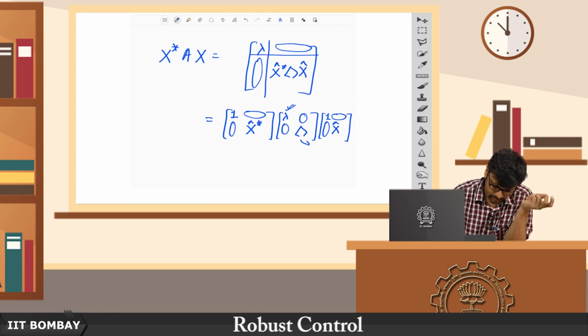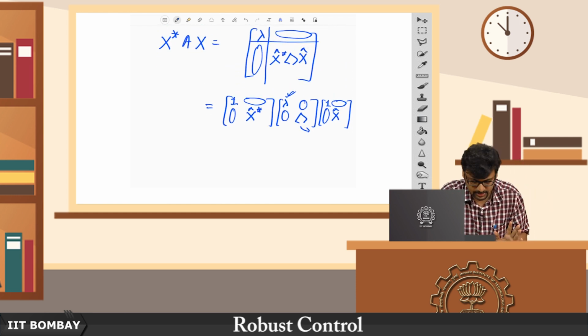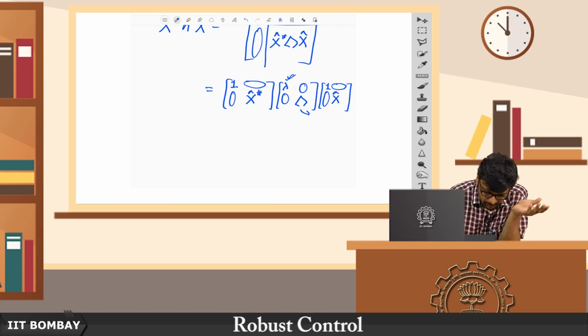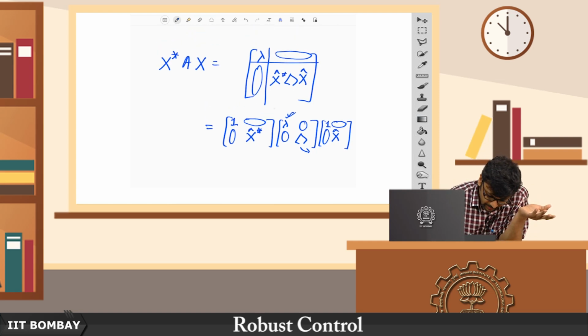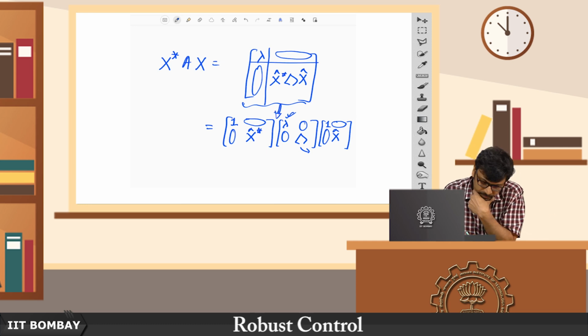Okay. We are convinced that this is true because you can just multiply. If you have any doubts about the fact that this is indeed expressible in this form, just go ahead and multiply and you will see that it immediately follows straight away. That is the easiest way to check anything for that matter.